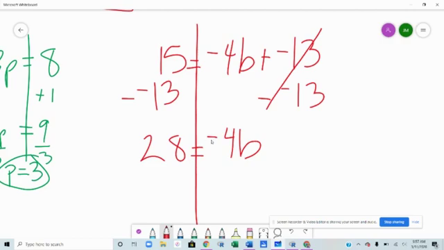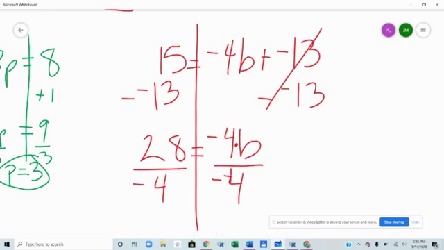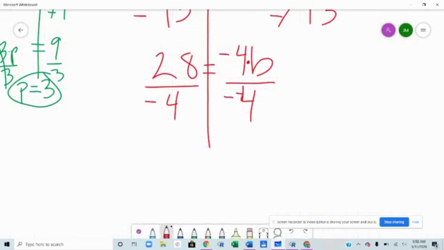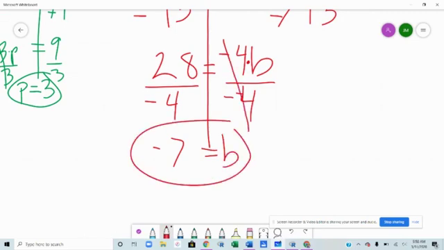Now this negative sign does not tell you get rid of it with adding, because what we're saying is we have negative 4 times b. So you get rid of multiplication by dividing by negative 4. So 28 divided by negative 4 is negative 7 equals your negative 4 and your negative 4 are gone, b. So negative 7 equals b, or b equals negative 7.